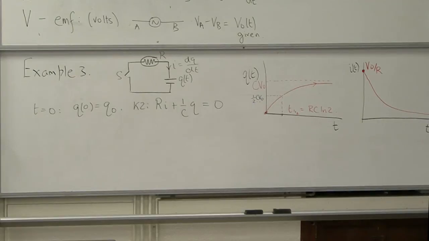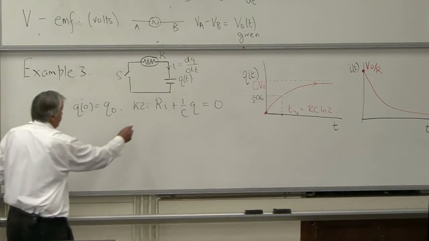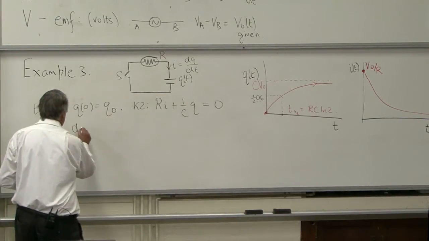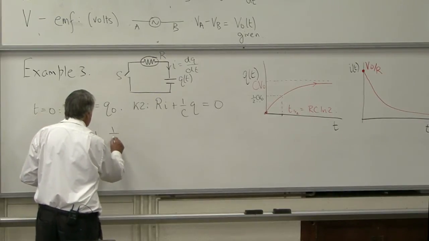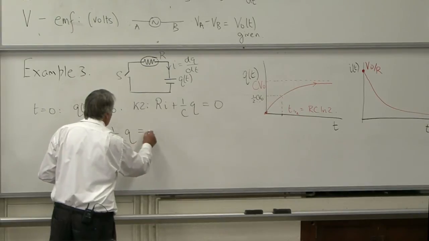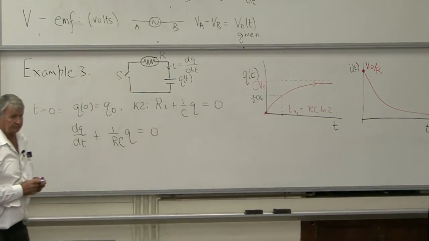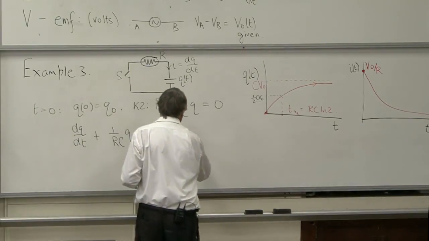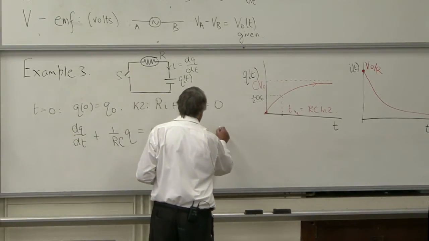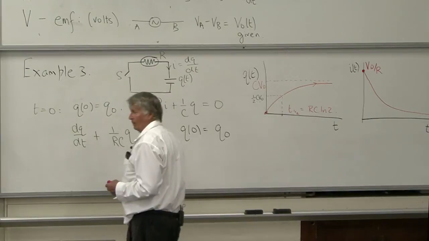Effectively our capacitor is acting like our driving source. So this equation is dq by dt plus 1 over RC Q equals 0, and Q at 0, the initial charge, is given as Q0.